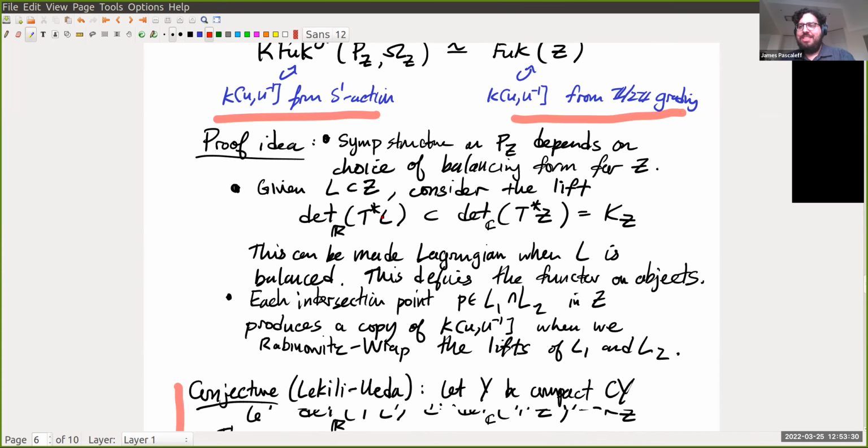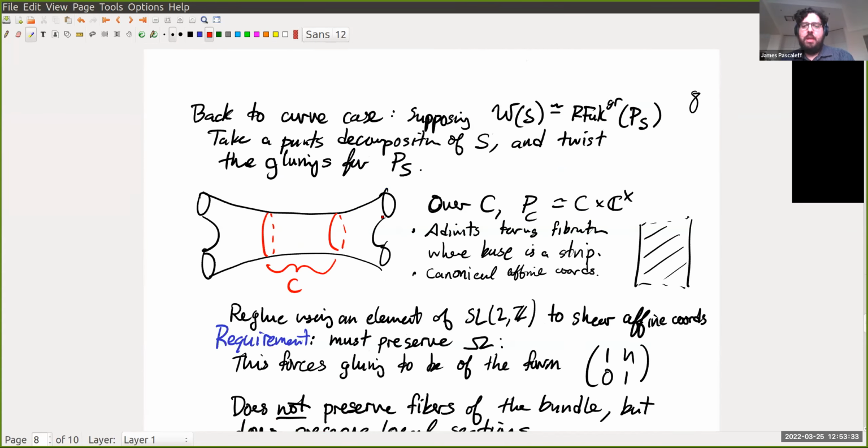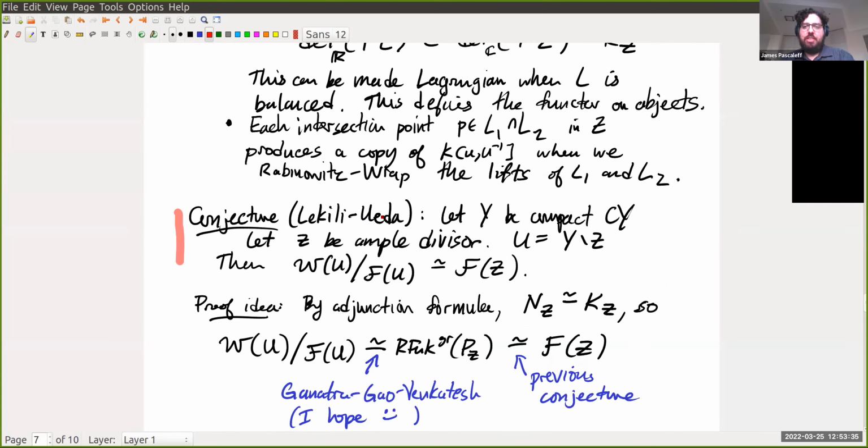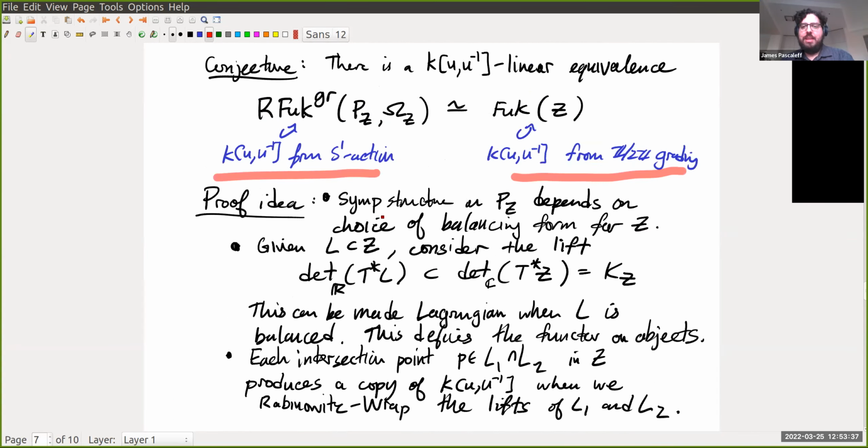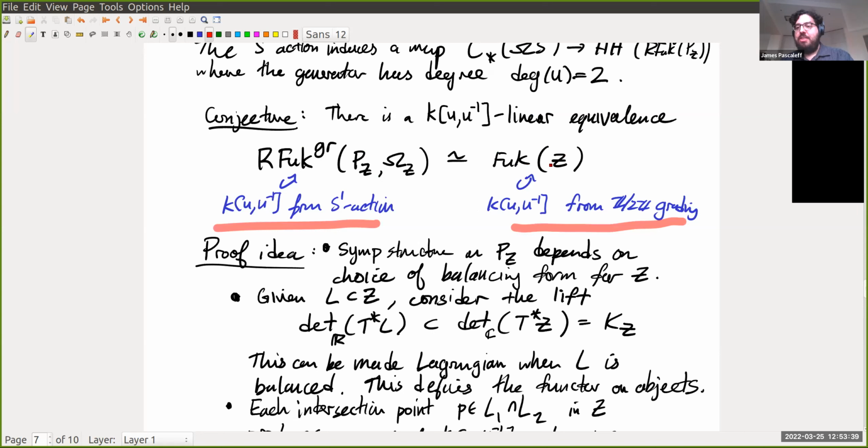So how do I twist the Fukaya category of a surface? Well, my strategy for that is this. Let's use this conjecture. Let's put Z to be S, so S is the surface. I don't really know how to twist the construction of S. There's a classification of surfaces; I can't really do anything. But I could move over here.